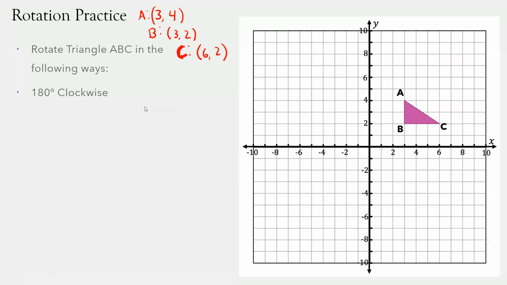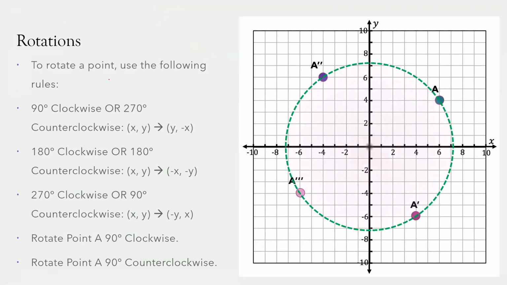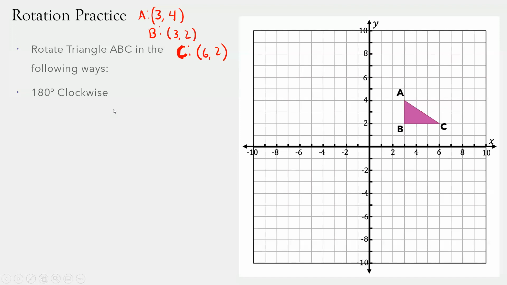So if we go back here, when we're doing a 180 degrees rotation, whether it's clockwise or counterclockwise, we're going to take our x and our y, and we're just going to take the opposite of both values. So opposite of x, comma, opposite of y. So if we look at point A is 3, 4. That means that A prime is going to be the opposite of 3, which is -3, and the opposite of 4, which is -4.